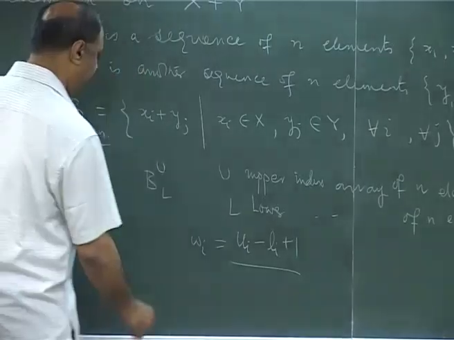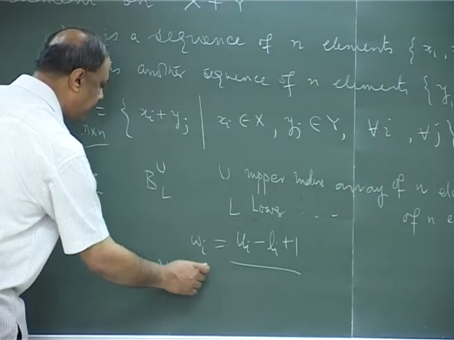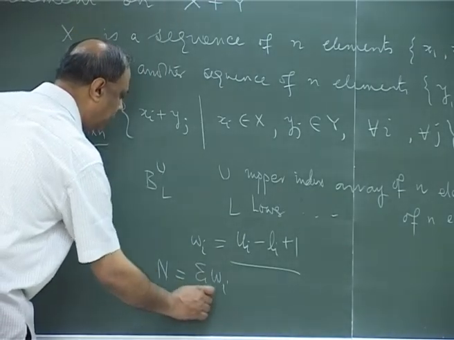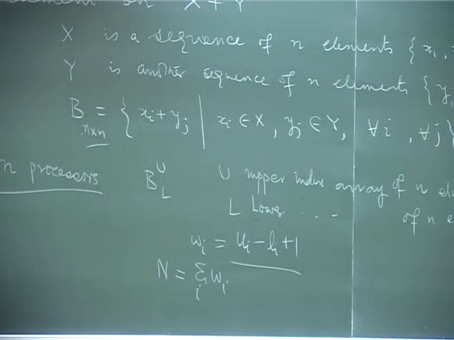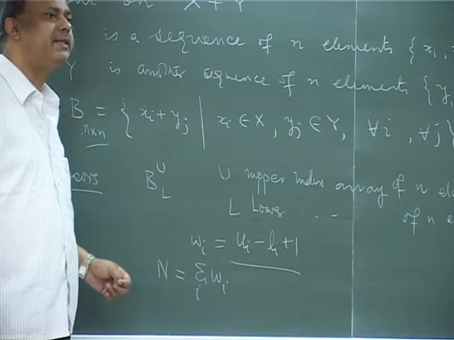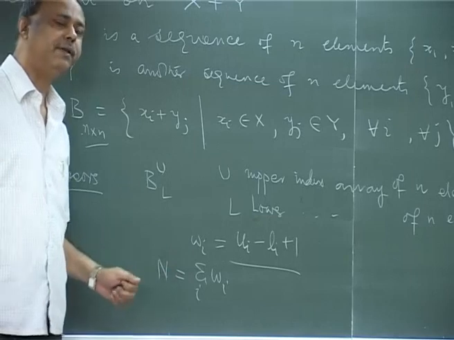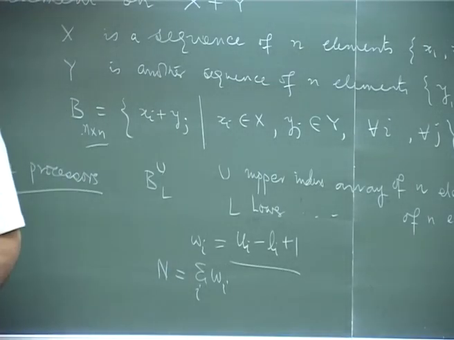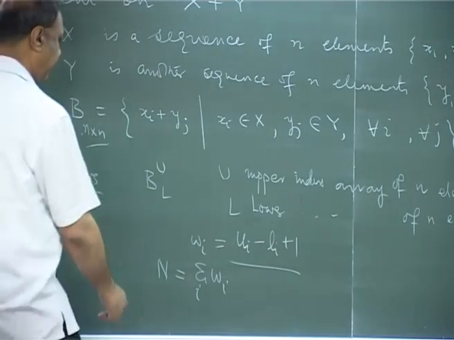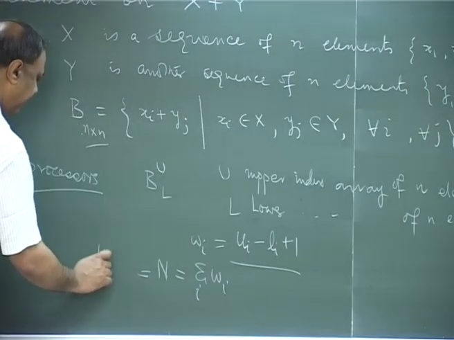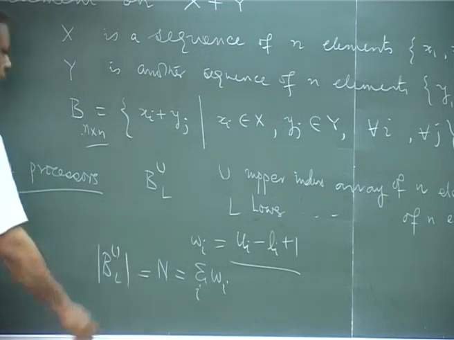Now n is the summation over Wi for all i, which tells the total number of elements which are probable candidates to become the kth element. So n is nothing but the number of elements in B_UL.